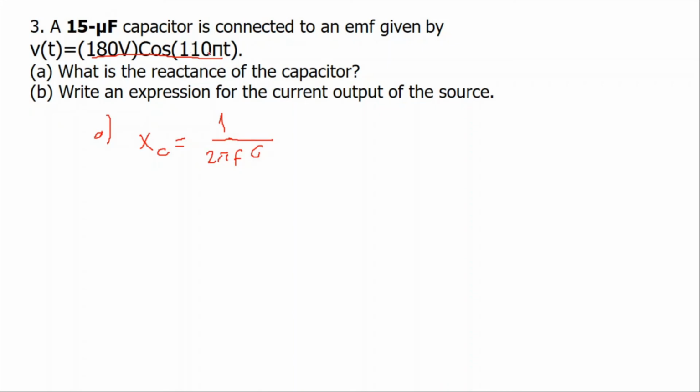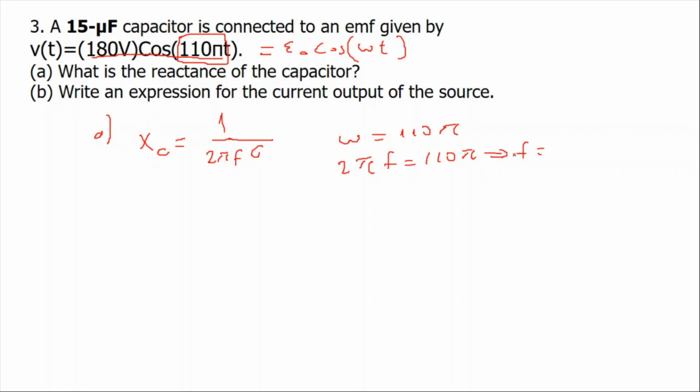That's why first we need to calculate the frequency. So the general formula for the voltage is epsilon 0 cosine Wt. So as you see, this 110 pi corresponds to the W. So we can write W is equal to 110 pi. And we know that 2 pi F is equal to 110 pi.